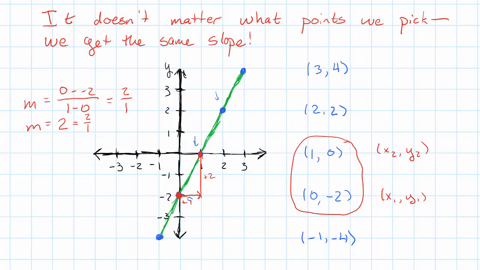What if instead I picked these 2 points? Well, again I would calculate my slope. 4 minus 2 over 3 minus 2. Again, that's 2 over 1. Again, I go right 1, up 2.